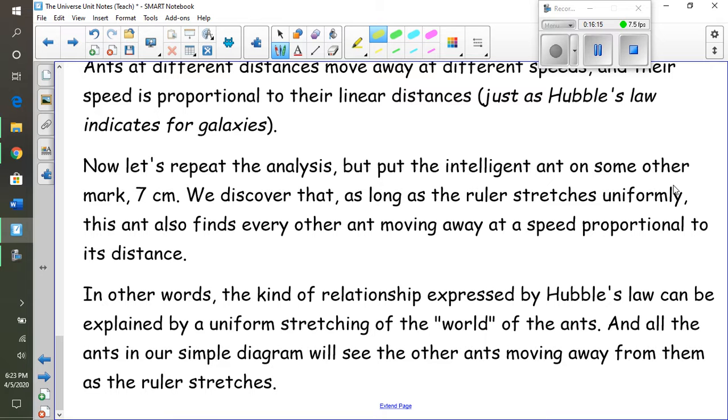So this relationship expressed by Hubble's law can be explained by a uniform stretching of the world of the ants. So for us, this world would be space-time, the stuff that galaxies are stuck to. And all of the ants in our diagram will see the other ants moving away as that ruler stretches.